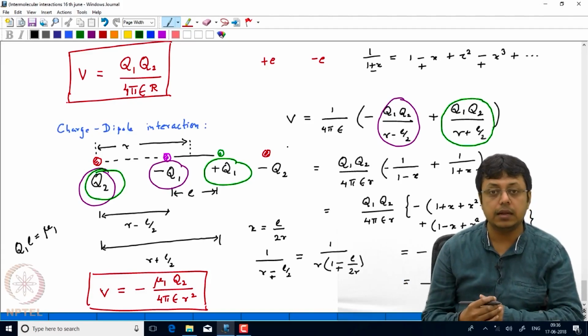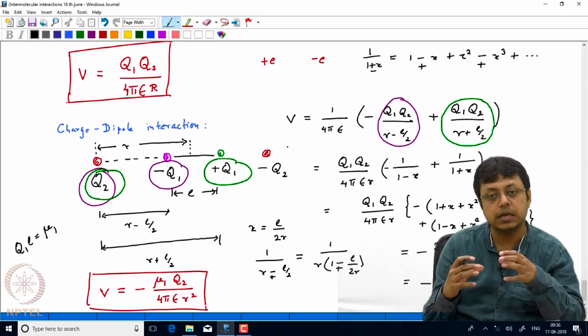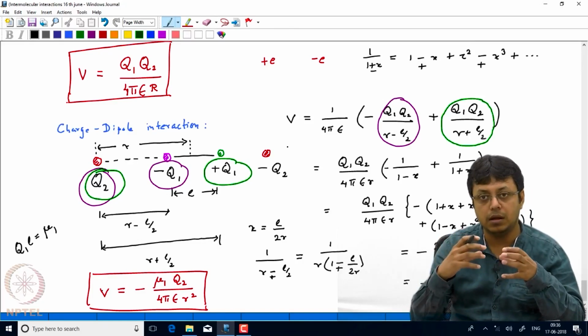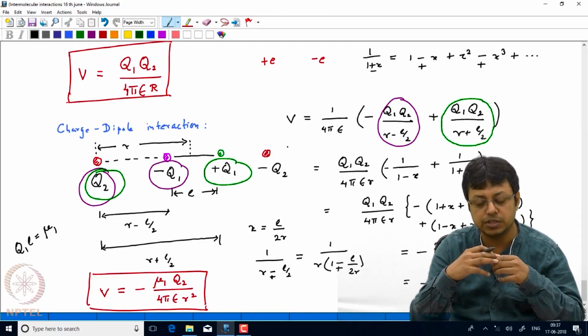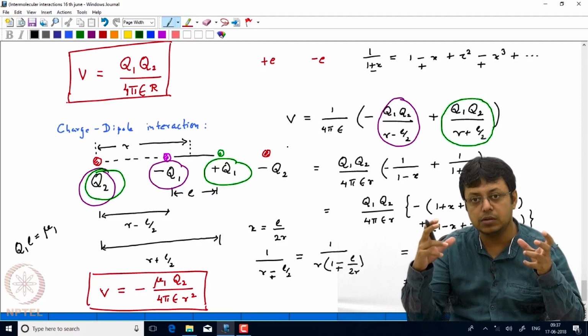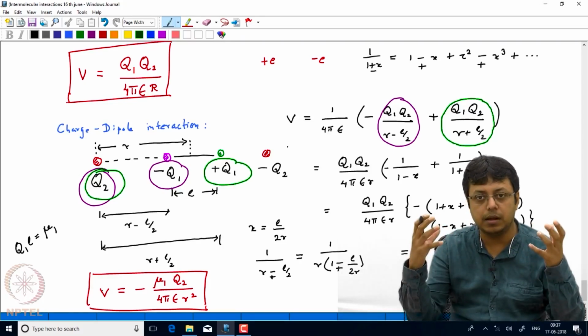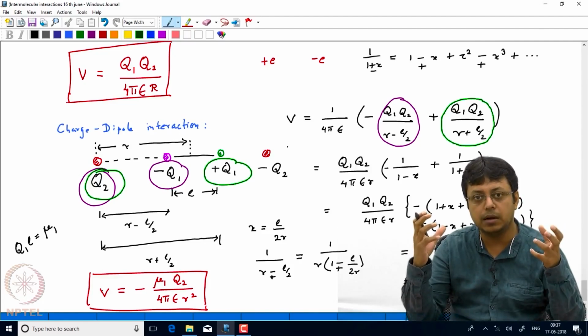Now we will move on, and in the next section we are going to discuss the interaction between two dipoles, because we are now combining our previous ideas of how the dipole interacts with the field, and what the interaction potential is. Now we are talking about intermolecular interaction, where molecules may possess a permanent dipole moment, and we are bringing up the idea of what the interactions will be between two permanent dipole moments.